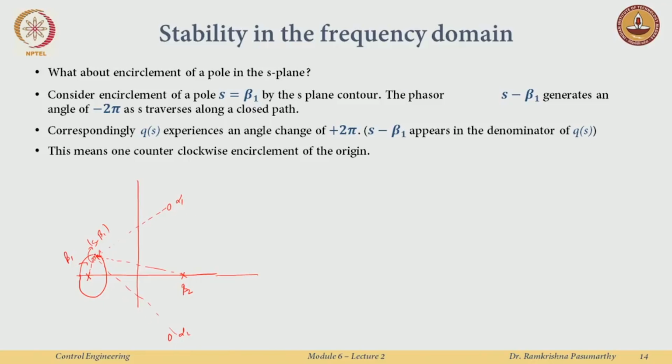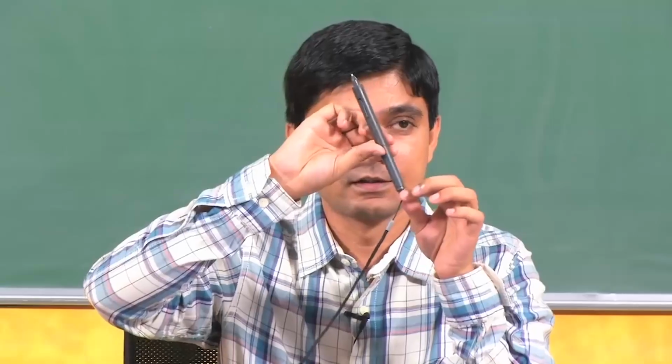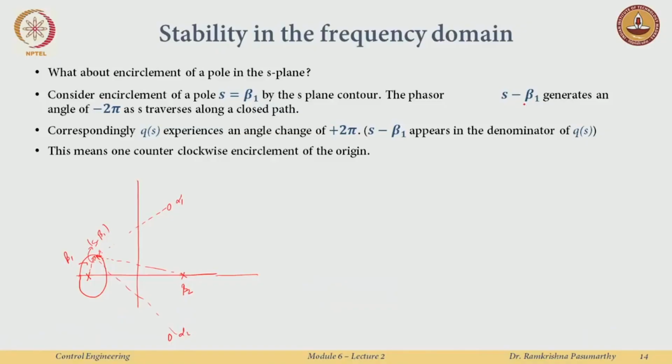Okay, what is beta 1 doing? Beta 1, it's in this position, it goes all the way around this way. Again, the phasor S minus beta 1 traverses an angle of minus 2 pi as S traverses along the closed path. Okay.